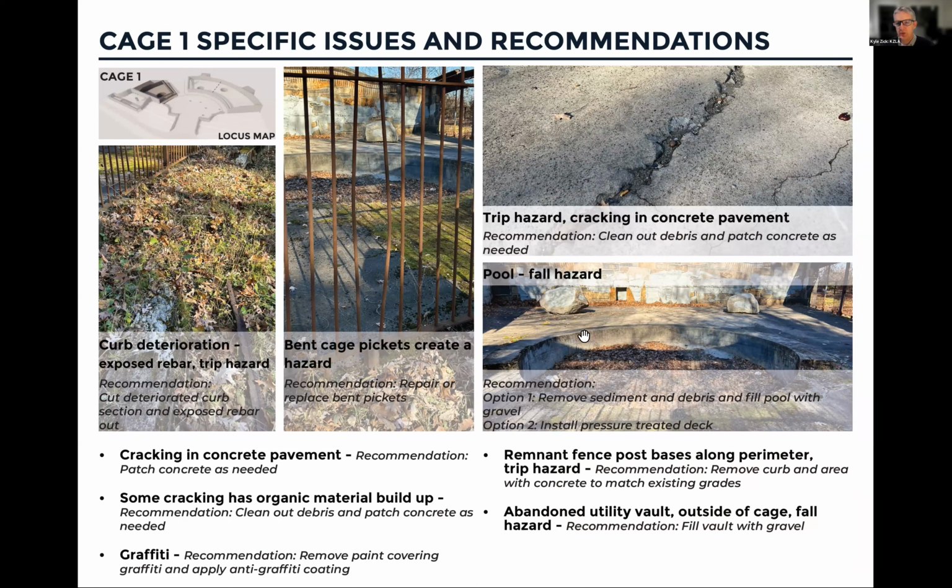Common to both options, we would remove the leaves, debris, and trash so that as water gets in here, it can drain. We don't want to leave this because moisture in the concrete isn't necessarily a good thing. We could fill this with gravel so there's no tripping hazard or fall hazard. And that gravel could be removed in the future if there was some other thought on how this pool should be used.